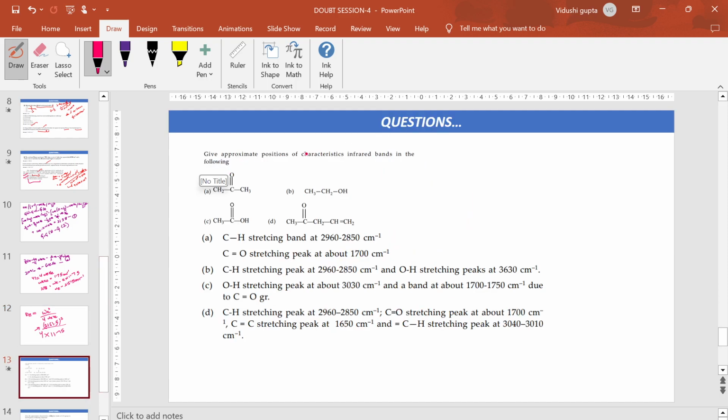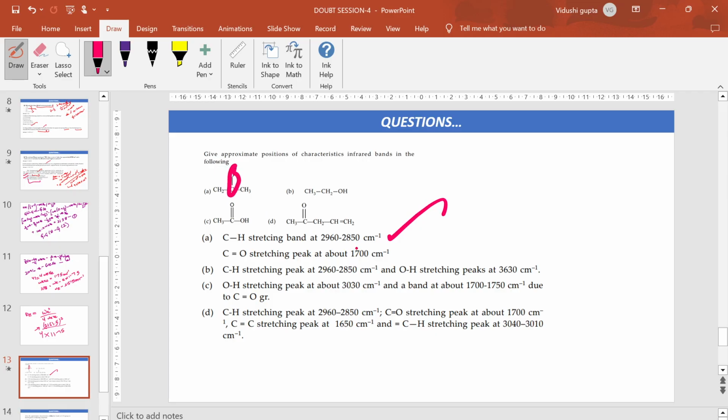Next, give appropriate position of characteristic IR bands in the following: acetone, ethanol, and this acid COOH, and one for this part. So tell me. See, for the CH stretch, it will be 2960.